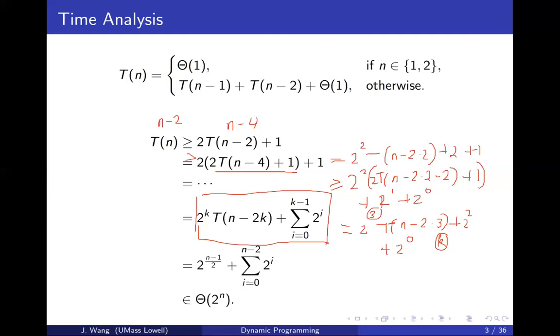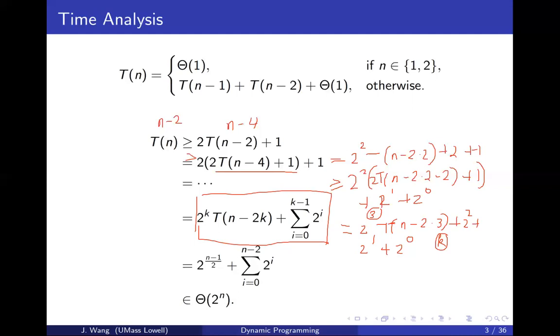So you got 2 to the 1 plus 2 to the 0. Okay, so then you write it up, then it would be 2 to the k times T of n minus 2k plus summation 2 to the i from 0 to k minus 1. So that's what we have.